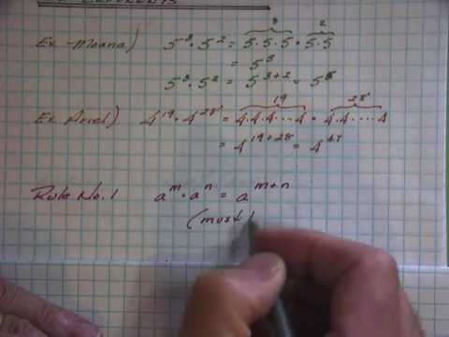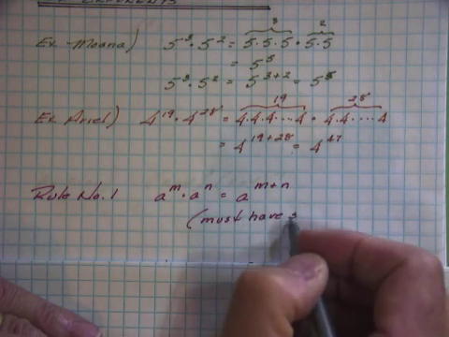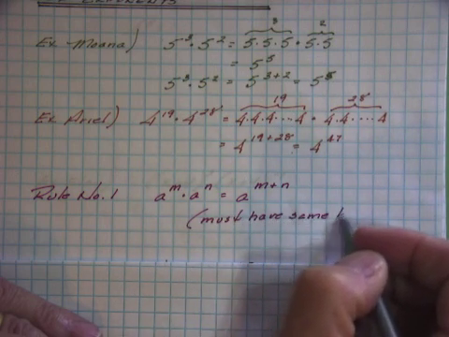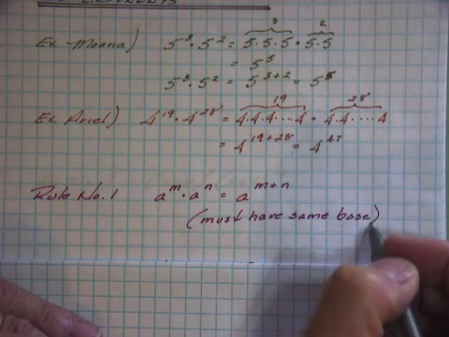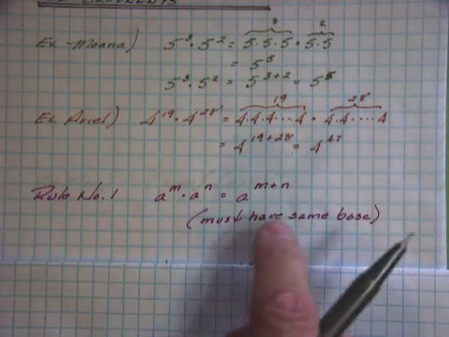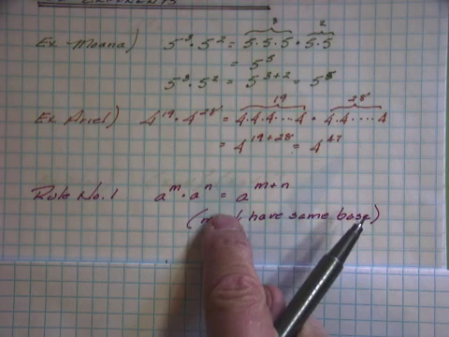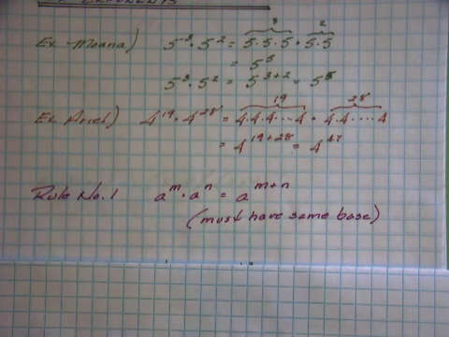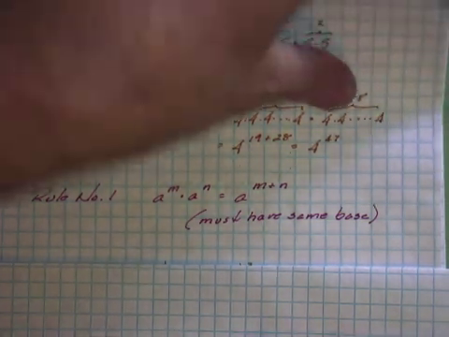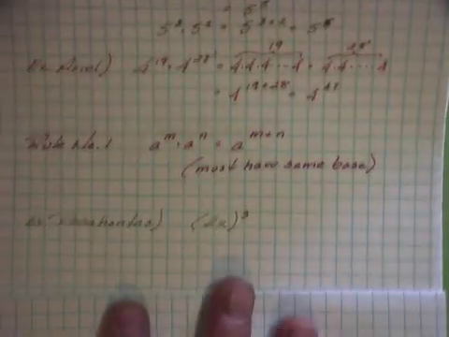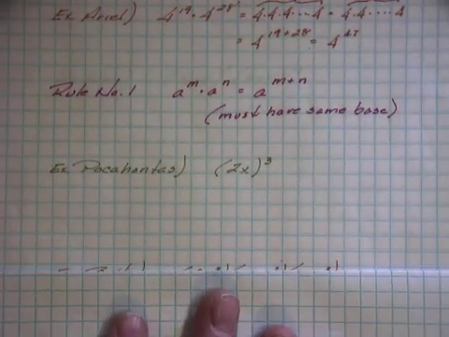Now, remember, you must have the same base. You're going to have a number of rules, so if you want to start making flashcards, this is rule number 1. Now let's take a look at some examples using that rule.